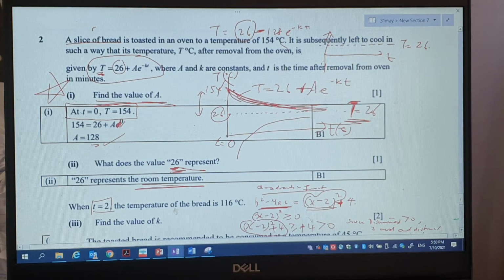So it will actually be starting from here. You take 26 minus 128, that will be minus 98. Then it will be like that, getting nearer and nearer and nearer to the asymptote. You check whether that is what you get.